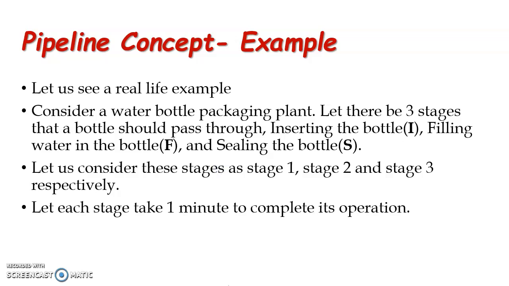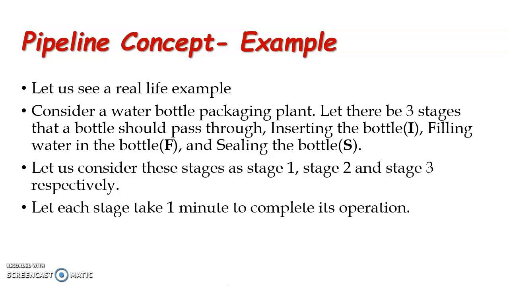Before going to the basic concepts of pipelining, let's see a real-life example that works on the concept of pipeline operation. Consider a water bottle packaging plant. Let there be three stages that a bottle should pass through.